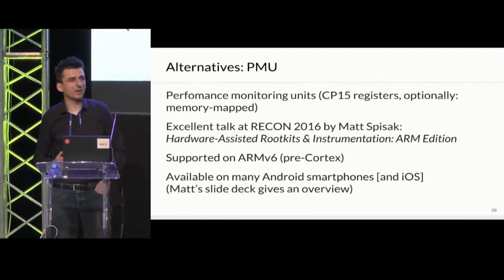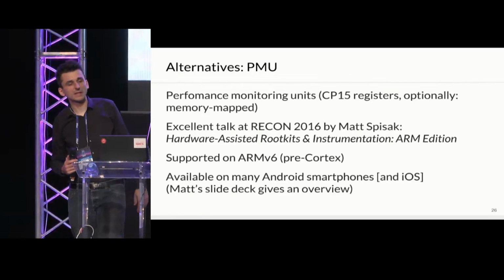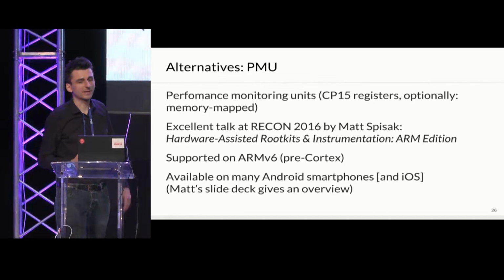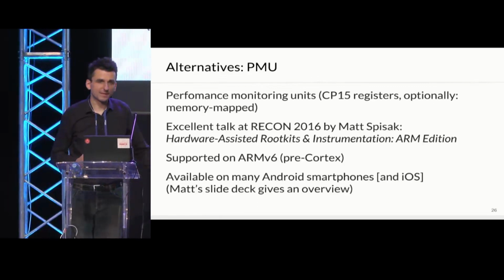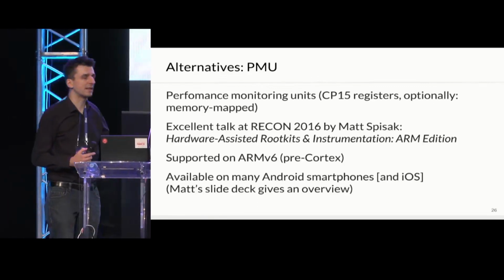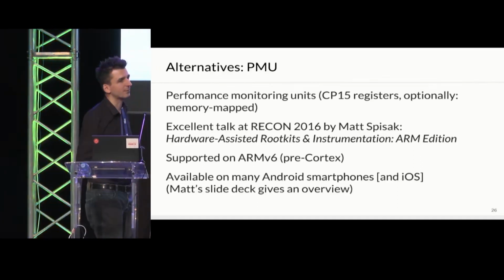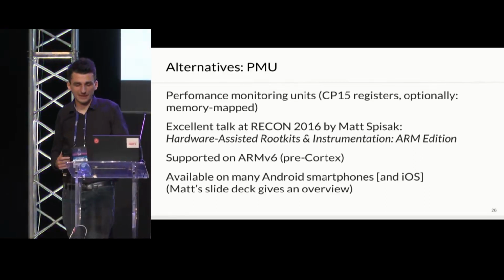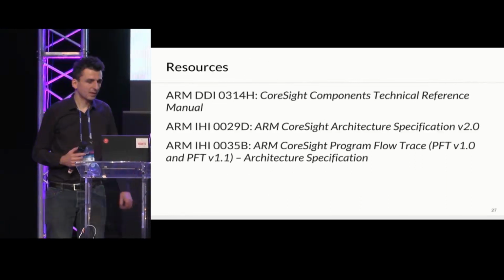This is supported on ARMv6 already, and it's available on many Android smartphones and on iOS. But it's a different approach. You have to do slightly more work to capture traces, and my interest was in CoreSight.